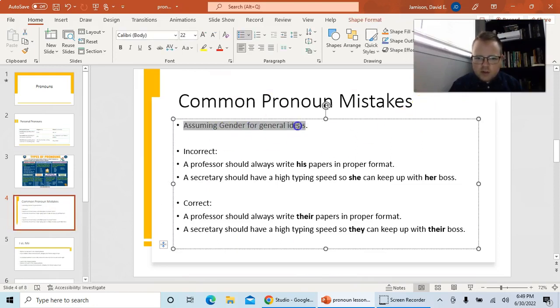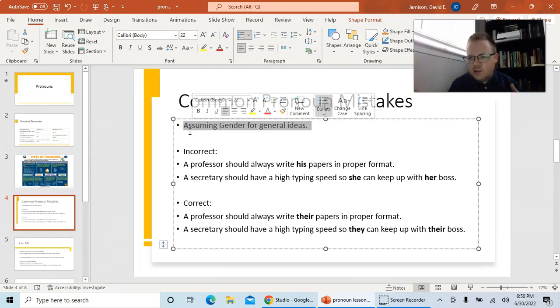So I covered this a little already, but assuming the gender for general ideas: if you're coming up with a generalized version of a person, and you give it a gender, that's considered to be a bad thing to do.